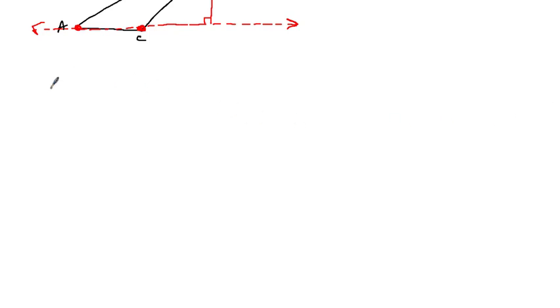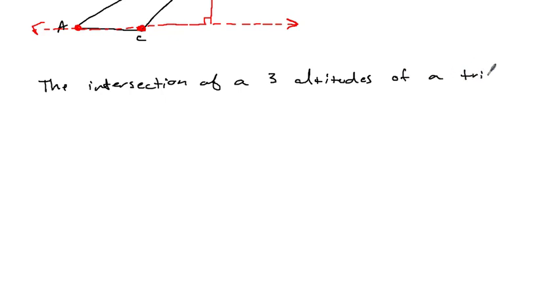So we're going to talk about what happens when they intersect. The intersection of all three altitudes of a triangle is called the orthocenter.